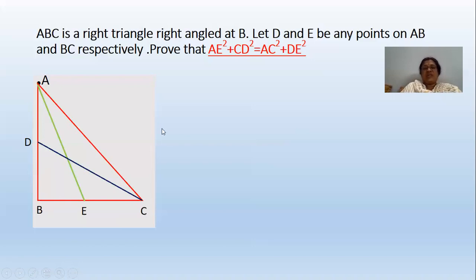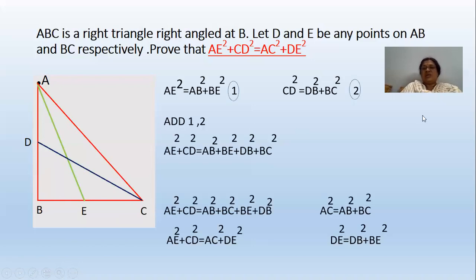So you have to write statements in such a way, like see here, I'll explain now. AE square is nothing but AB square plus BE square. So the square on the hypotenuse is equal to the sum of the squares of the other two sides.